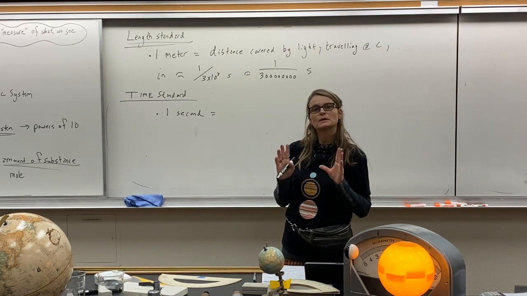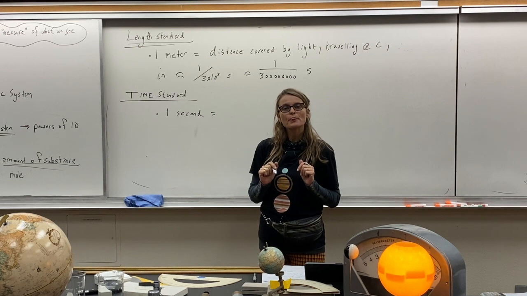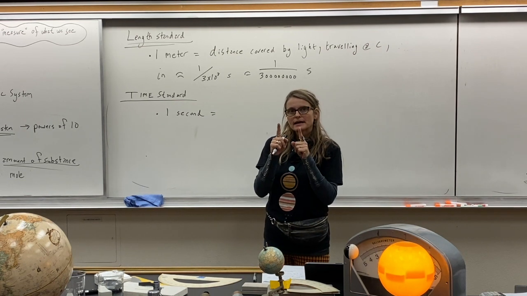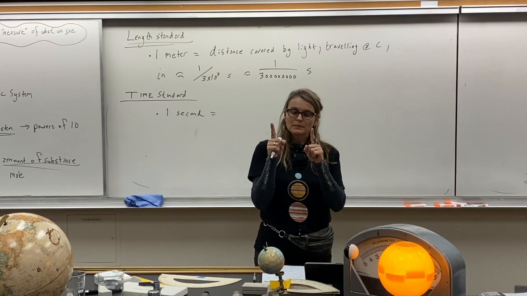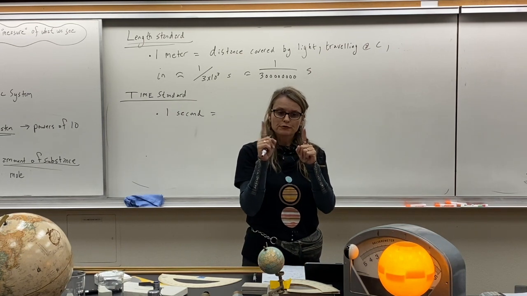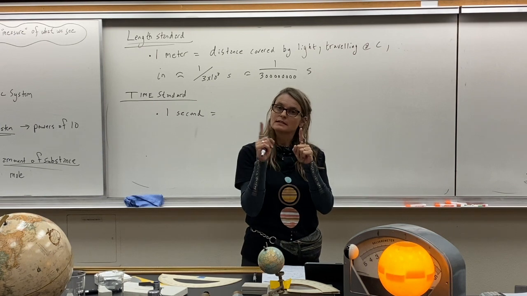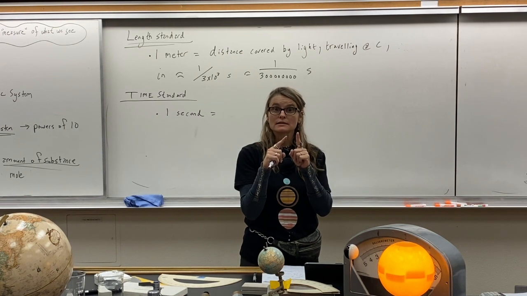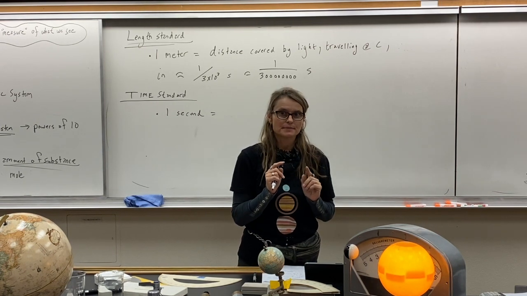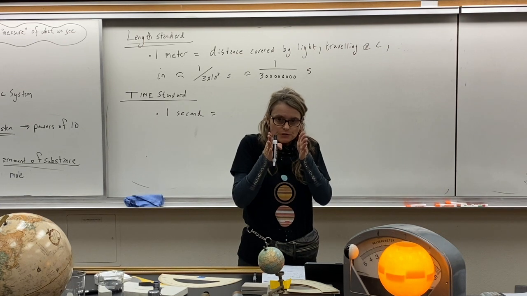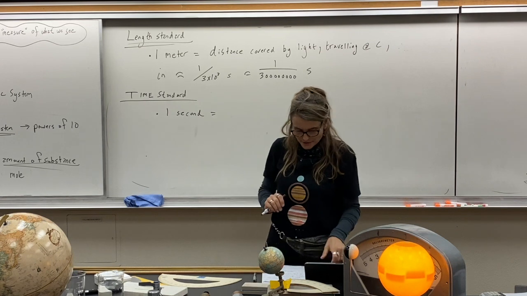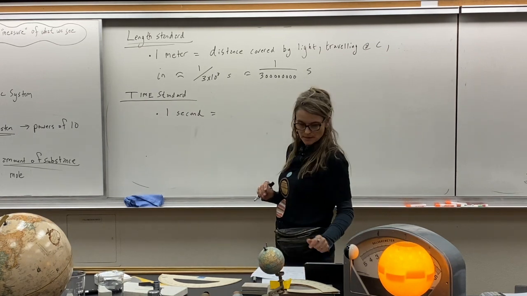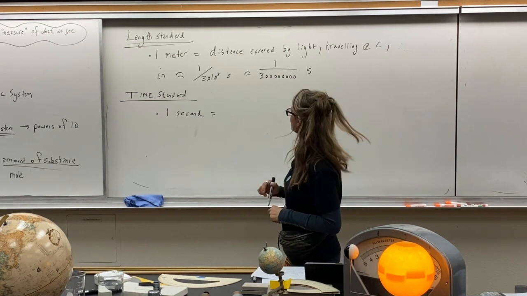We look at the cesium-133 atom, and as it goes between 2 hyperfine states, the frequency of the light is going back and forth between 2 states over 9 billion times. When it goes through that amount of oscillations, we call that 1 second. It's a little trickier, and you can look this up to get the more formal description.